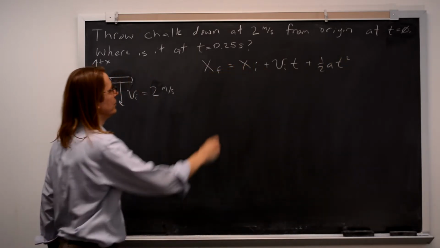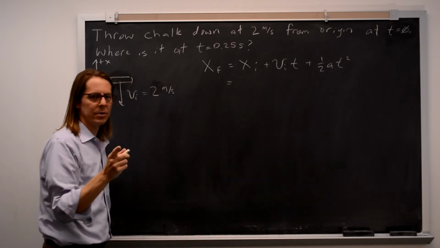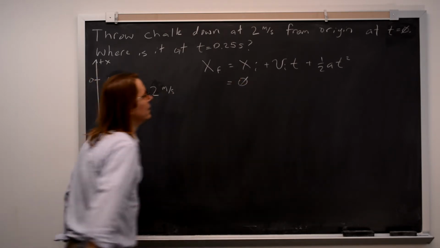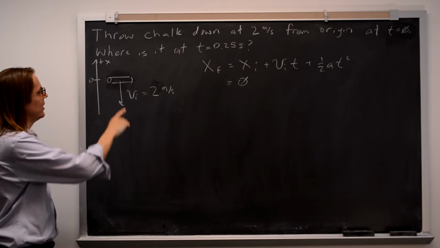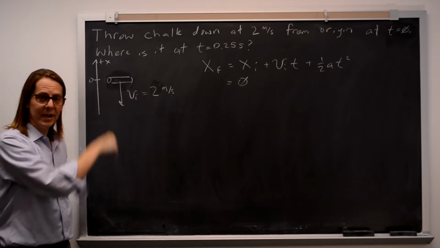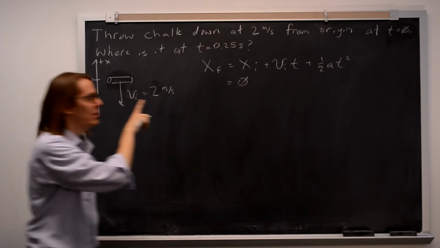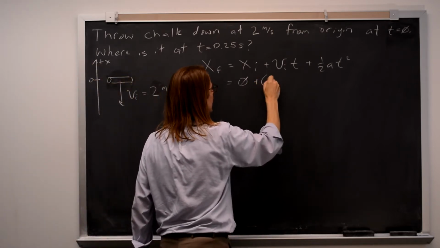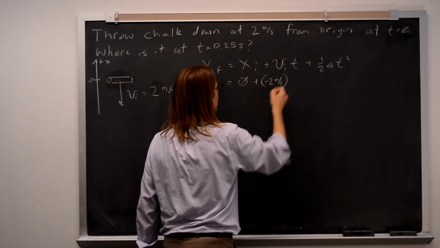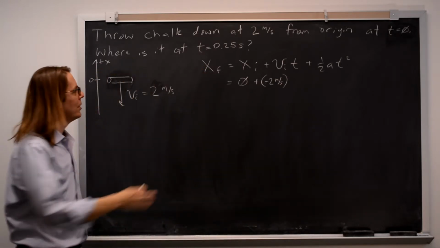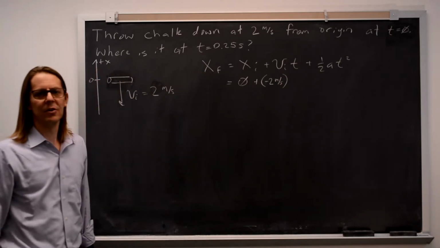So let's put in some values. x initial is 0 because it's at the origin. v initial, we said, is negative 2 meters per second because it's down, and we defined up as positive, plus negative 2 meters per second, and the time we're trying to figure out for the position is 0.25 seconds.